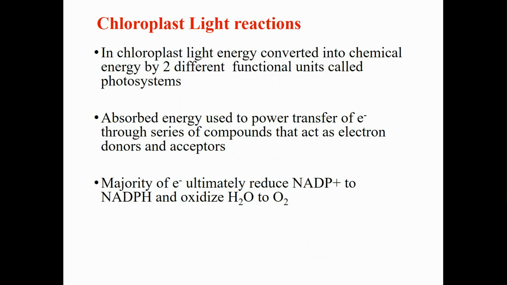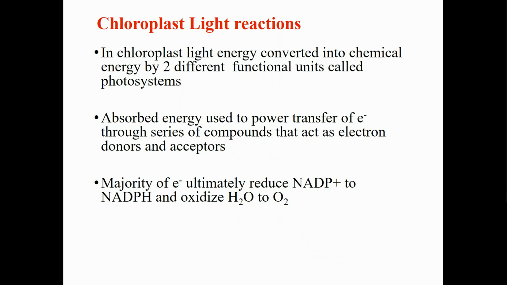It then absorbs energy, it excites those electrons, and then through a series of compounds that act as electron donors and acceptors called the electron transport chain, it goes down to photosystem 1 where it is re-energized, and through that re-energized state it goes down and down again through the electron transport chain, all the while releasing energy. This is just the basic summary. I promise we'll get into the nitty-gritties a little bit more, so stay with me.